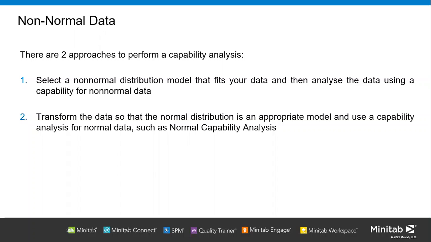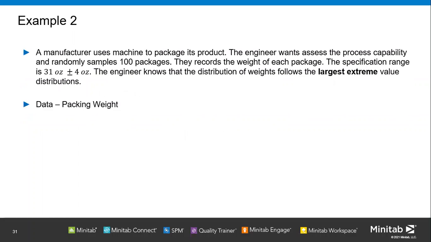For this, we have another case study here. The manufacturer uses a machine to package the product. The engineer wants to assess the capability and randomly selects 100 packages. They record the weight of each package. The specification is within this range, and the engineer wants to know if the distribution of weight follows the largest extreme value distribution.